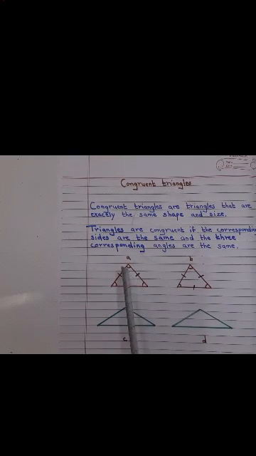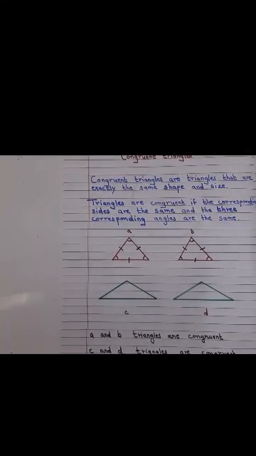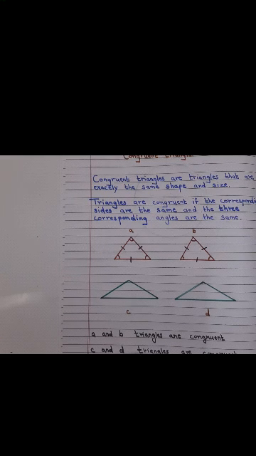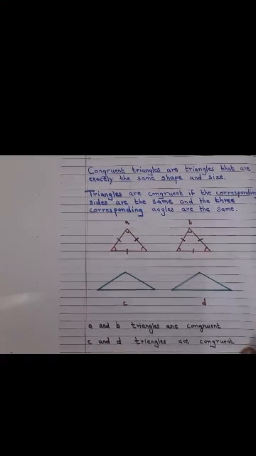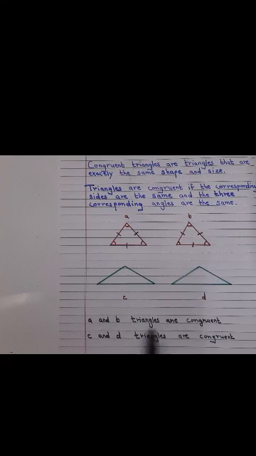So similarly, children, we have here A, B, C and D. Okay, let me just bring a pen. Yes, here I have a pen. So can I say A and B triangles are congruent?